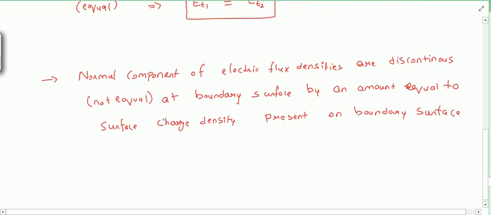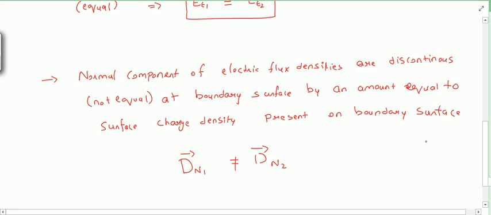The normal components of electric flux density are not equal, they are discontinuous, but it is given that they are discontinuous by an amount equal to the surface charge density present on the boundary surface.